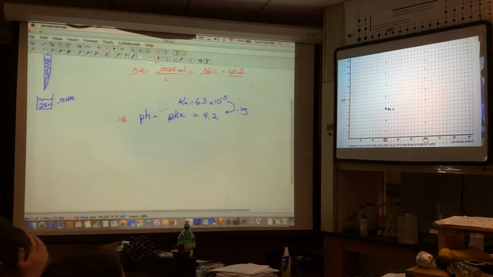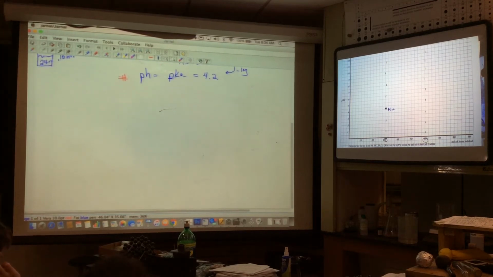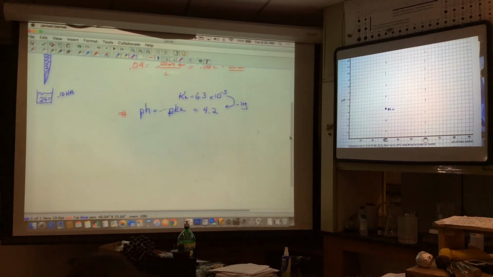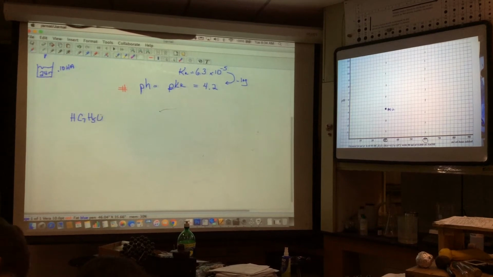Now, what's really important, as I've been saying before, let's just quickly review. There are 3 reactions here. We have our acid and water. So let's do that. HC7H5O2, that's C7H5O2, and this is sitting in water because I'm looking for the initial pH.